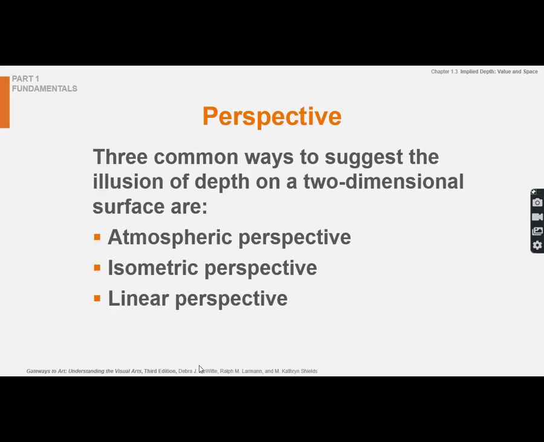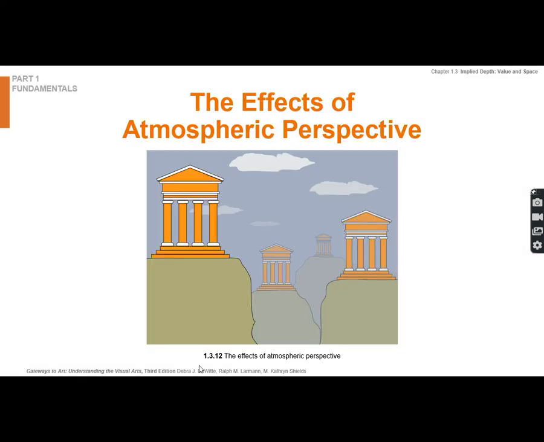Perspective is how things systematically seem to go back in space. There's atmospheric, isometric, and linear. Atmospheric is simple. When things are far away, they are not as clear, whether it's actual atmosphere like haze that makes them sort of disappear, or whether it's our eyesight.